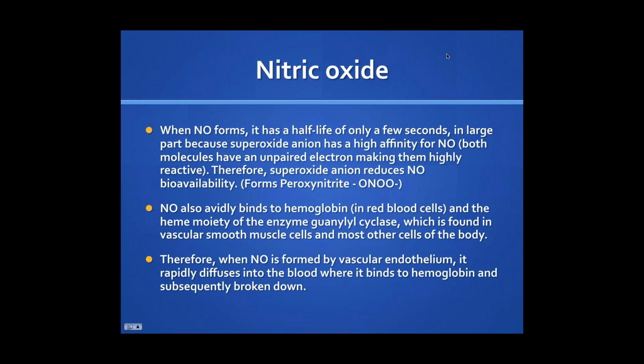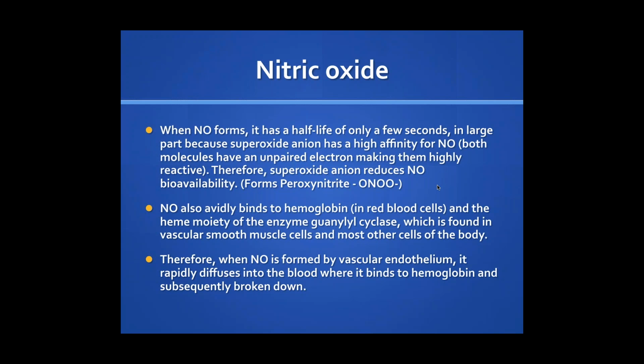When NO forms, it has a half-life of only a few seconds. This is the problem. It's there and then it's gone, in large part because the superoxide anion has a high affinity for nitric oxide. So we have both molecules. They have an unpaired electron, making them highly reactive with each other. They really like each other. Therefore, the superoxide anion reduces nitric oxide bioavailability and forms peroxynitrite.